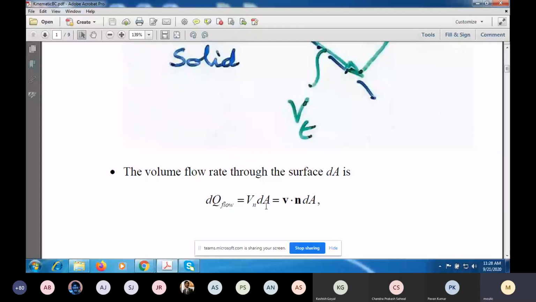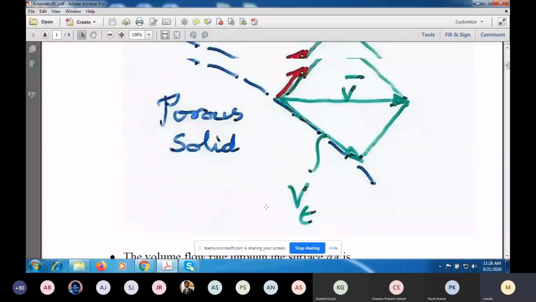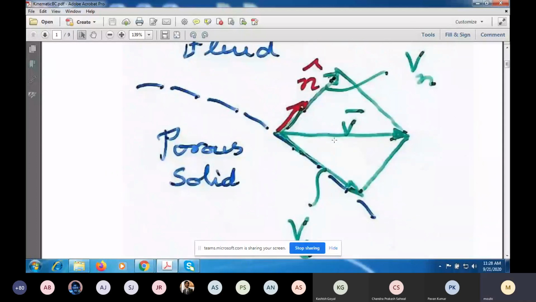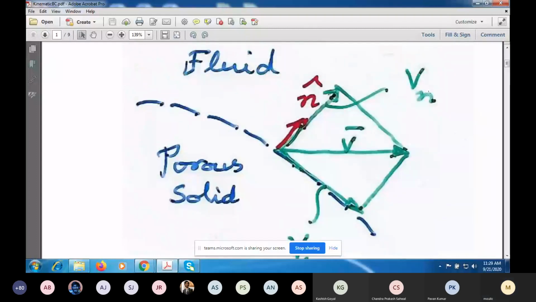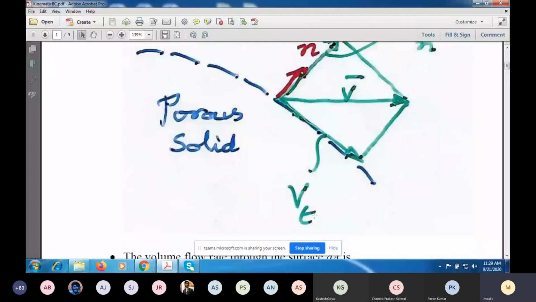If you know the vector V, I can resolve it into a component normal to the surface and a component tangential to the surface. I'm using the subscript n to denote the normal component of the velocity, and V subscript t to denote the tangential component, that is the component of the fluid velocity which is tangent to the surface.